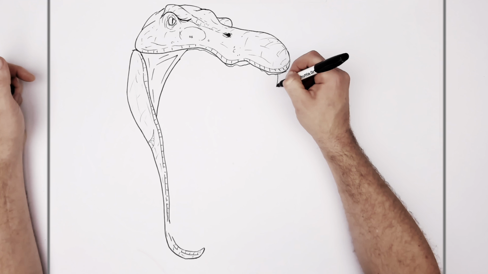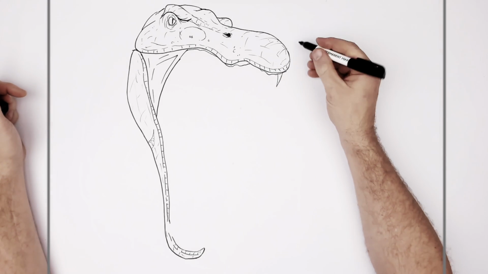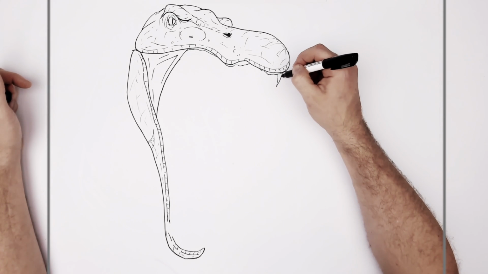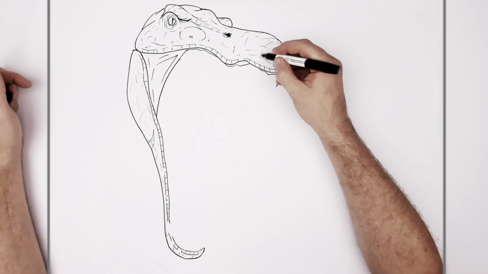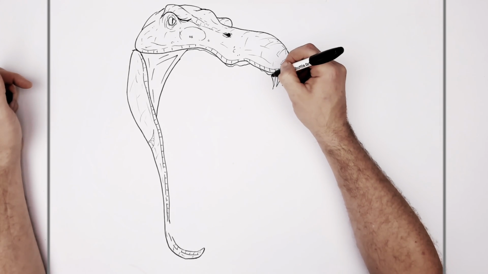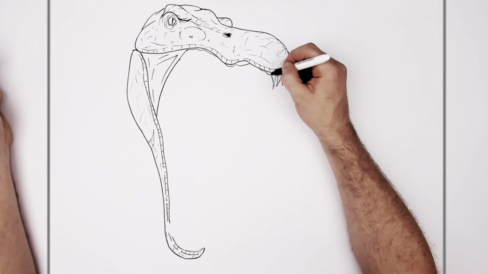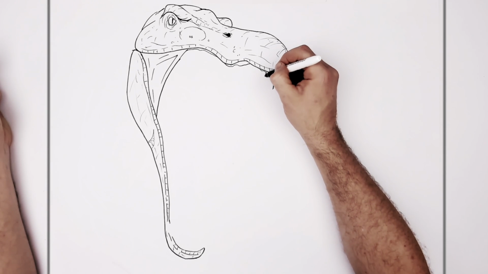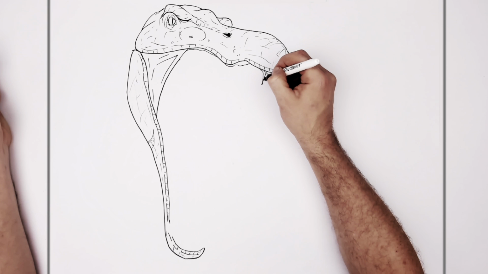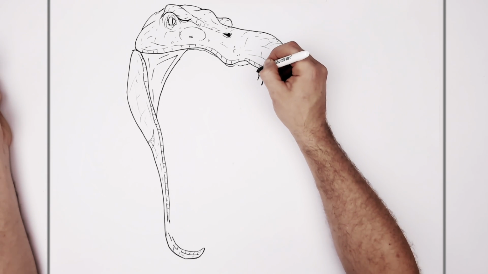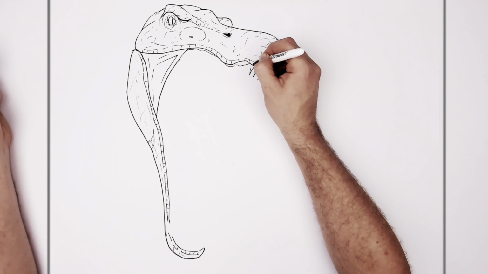So say one there. There's one that comes out behind this. And then they get a bit smaller.